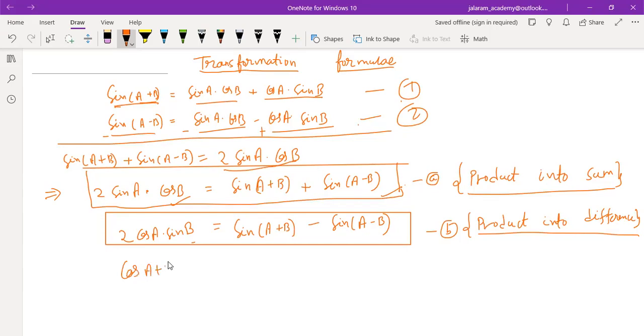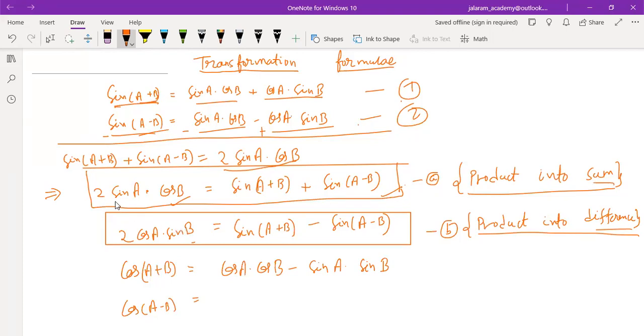So the next two formulas in compound angles we have studied after sin A plus B and sin A minus B are cos A plus B and cos A minus B. We all know the formula for cos A plus B is cos A cos B minus sin A sin B. We are not discussing these formulas in this chapter, but we are discussing the transformation formula in which product is changed to sum and the difference.